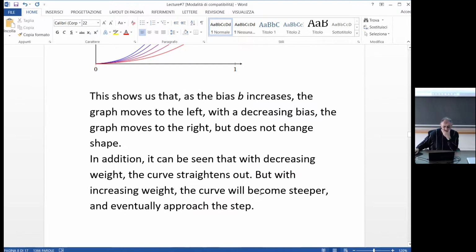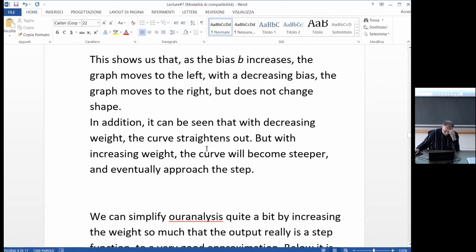In addition, it can be seen that when decreasing the weight, the curve straightens out.